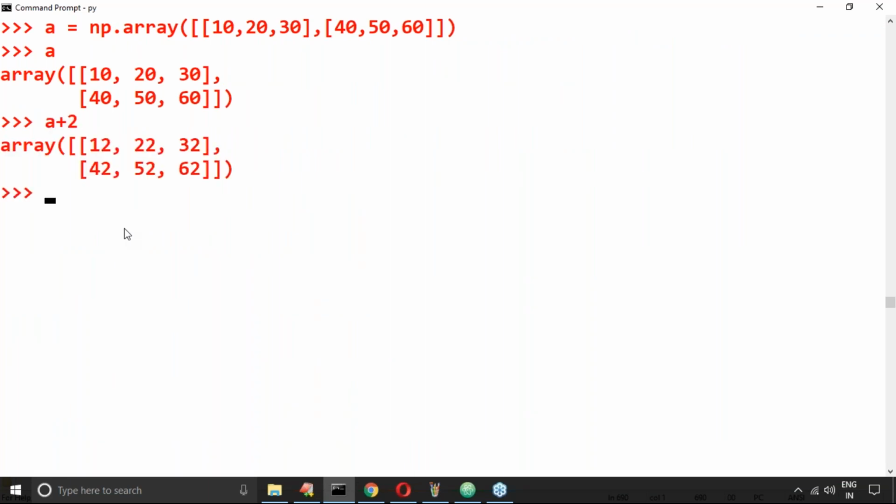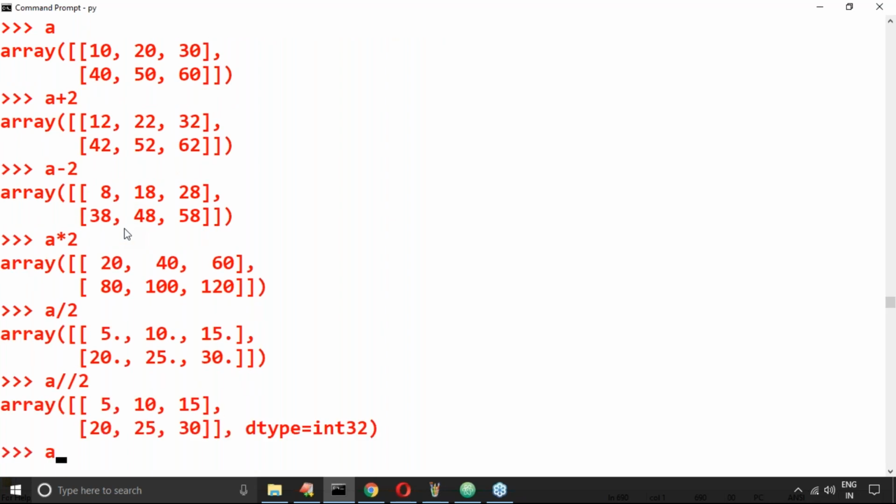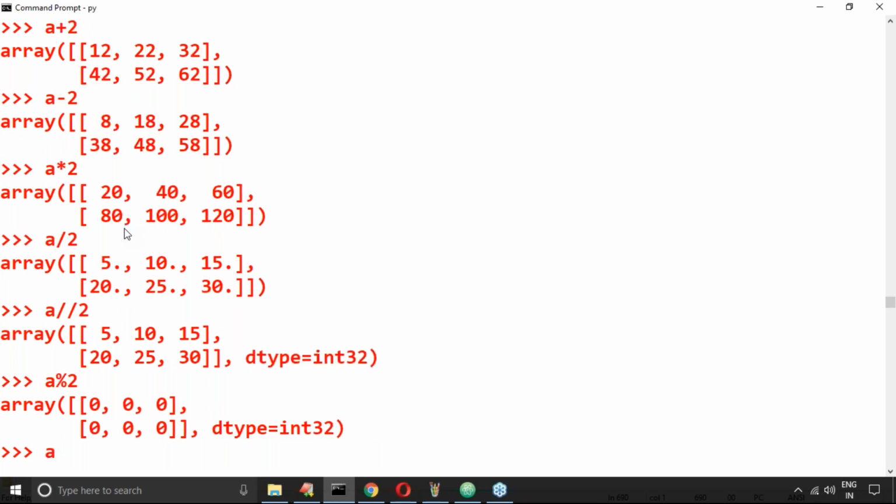Now observe A plus 2. Every element of the array is added by 2. Then A minus 2, A into 2, A divided by 2, A floor division 2, A modulo 2, and A power 2.